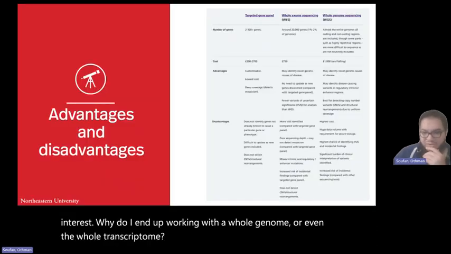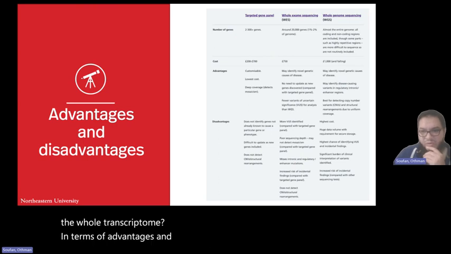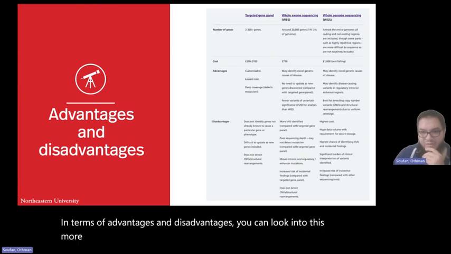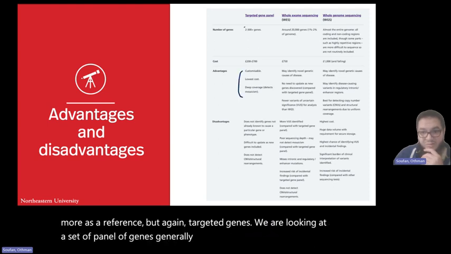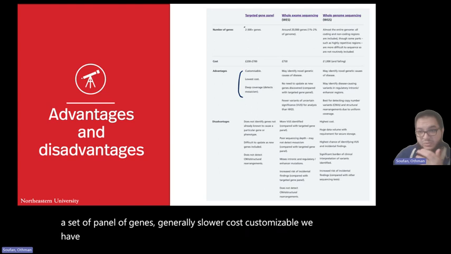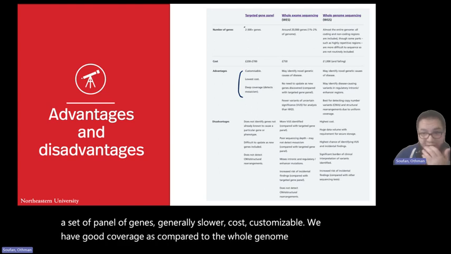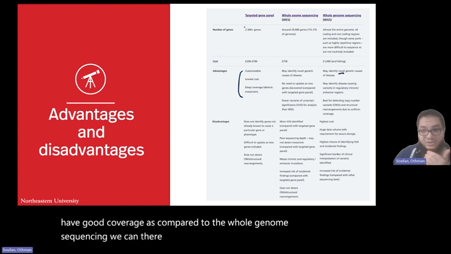In terms of advantages and disadvantages, you can look into this more as a reference. But again, targeted genes, we are looking at a panel of genes. Generally, it's lower cost, customizable. We have good coverage as compared to whole genome sequencing. We can identify novel genetic causes of diseases.